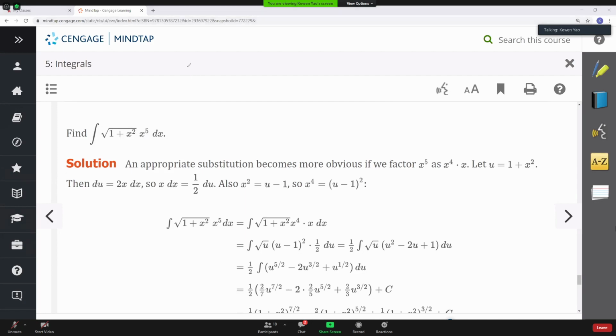So du is the derivative times dx, and the derivative is 2x, so du is 2x dx. Therefore, divide by 2, so you will have 1/2 du equal to x dx.